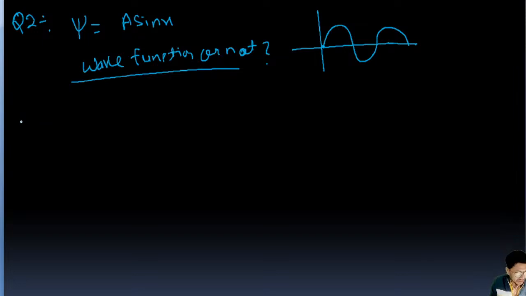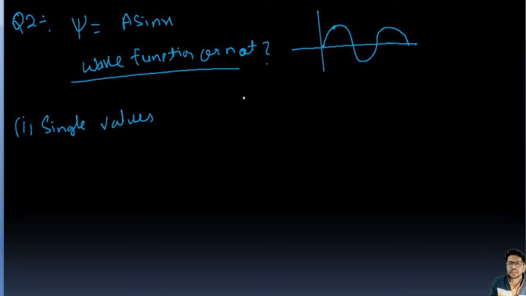We'll check the first condition. Obviously, the first condition is that it is single valued. We can put any value of x and it will give only one value. For example, for this value it will be single; we can't get another value here.